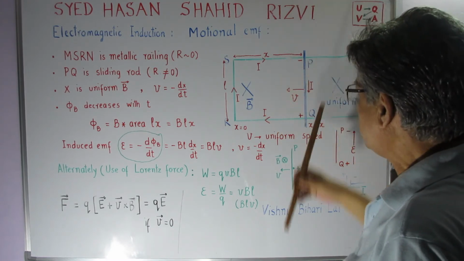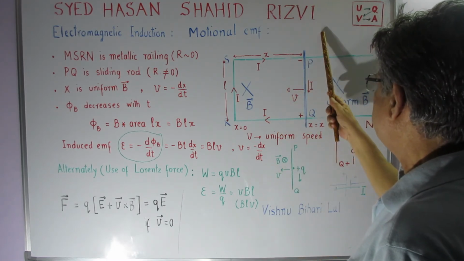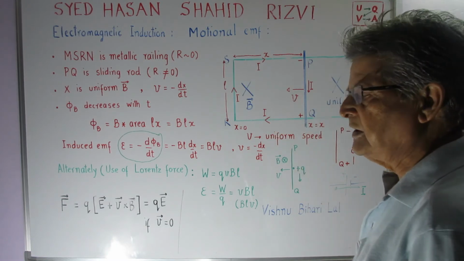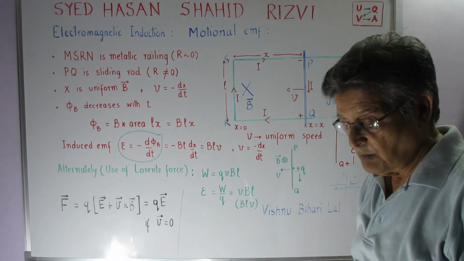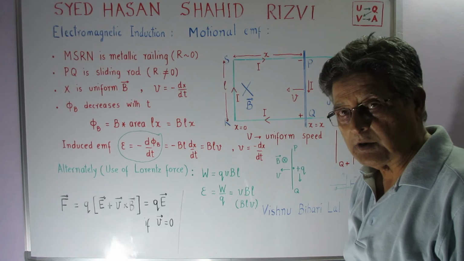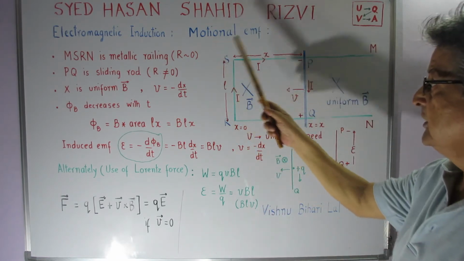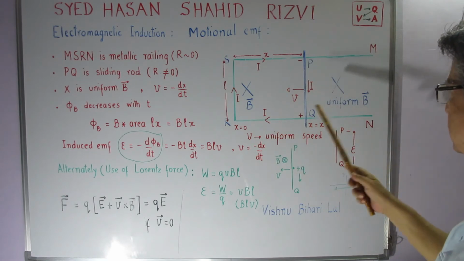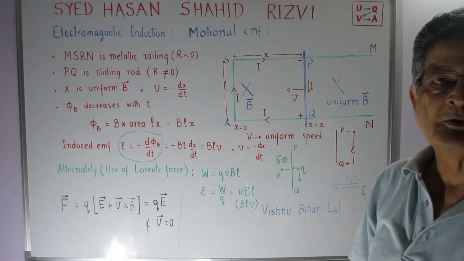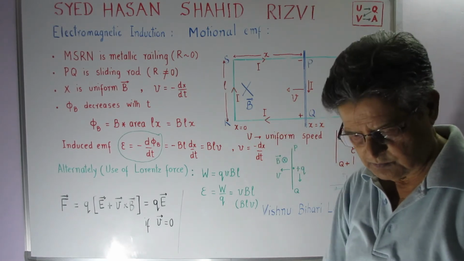So what happens is that between the ring and the center an EMF is developed. How much is the EMF developed, and how are things happening? As an example, I am extending the motional EMF, which was defined earlier, with the help of that particular problem.